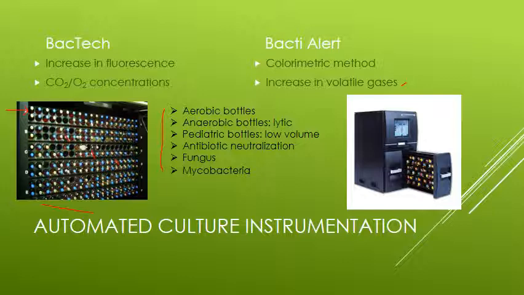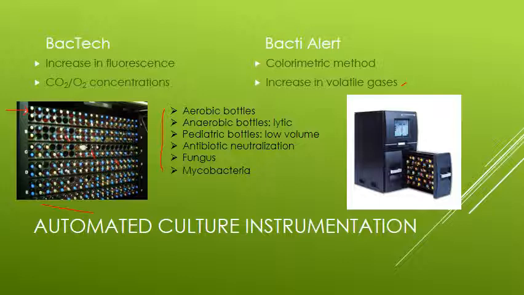And that allows the conditions for that particular organism to be best replicated. But then you also have to have other types of bottles, and there are several other types of bottles. You have pediatric bottles, of course, because with the anaerobic and the aerobic bottles, we expect to get between 8 and 10 mils in each bottle, okay?